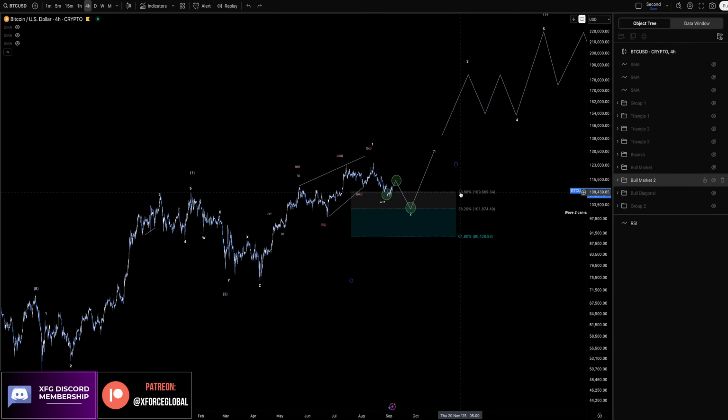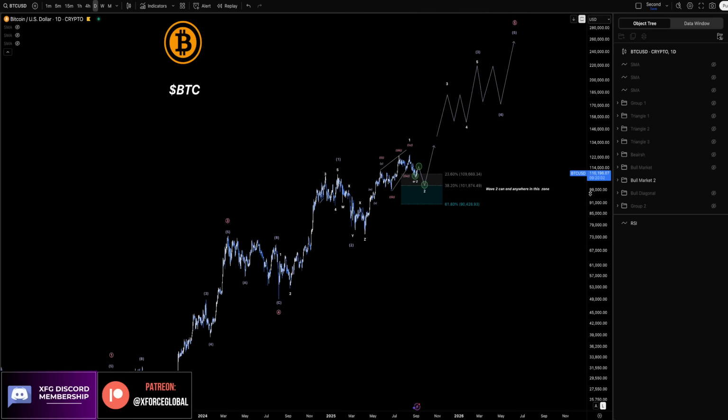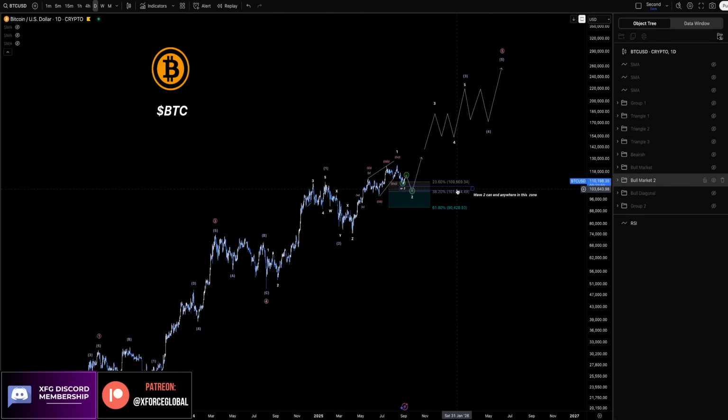That's why I don't really treat it as a major Fibonacci level, although it is a major Fibonacci square root function of the 38.2%. The 38.2% is generally the more accepted level of support when it comes to minor corrections, and that's why I think that the 38.2% has a little bit more say, especially at a dead even pretty much $100,000 level, which could also wick down into the 90K levels, and that's why we have this blue box zone as well.